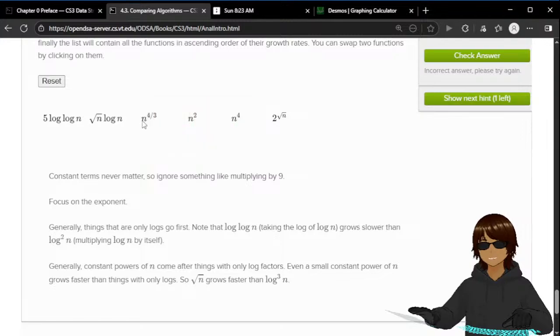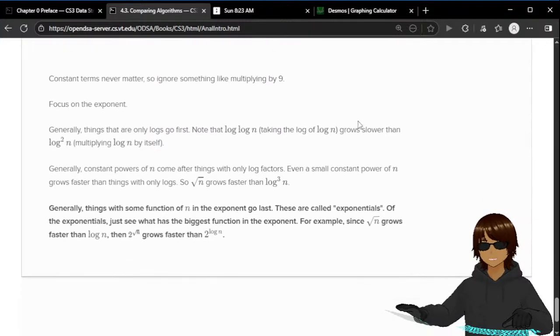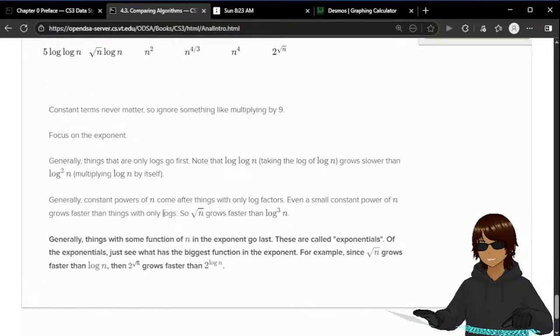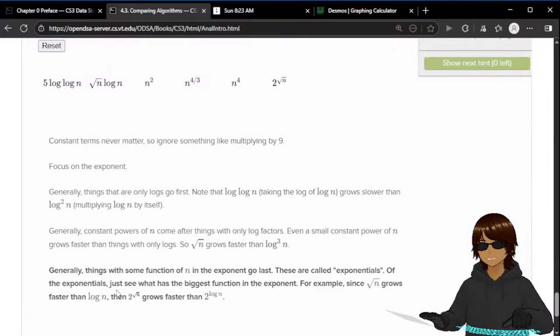What's wrong with what I wrote? Generally, things with some function of n in the exponent go last. These are called exponentials. Of the exponentials, you see which has the biggest function in the exponent. For example, root n grows faster than log n, then 2 to the root n grows faster than 2 to the log n.